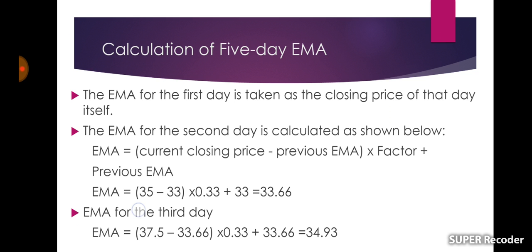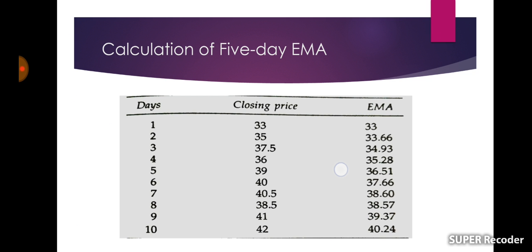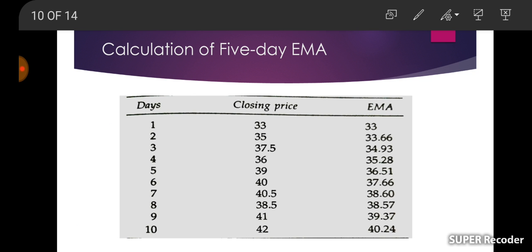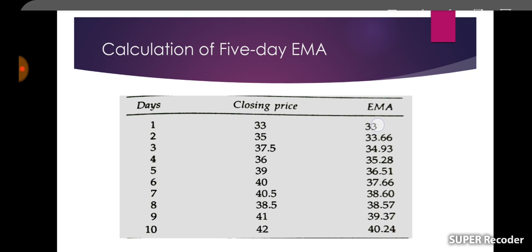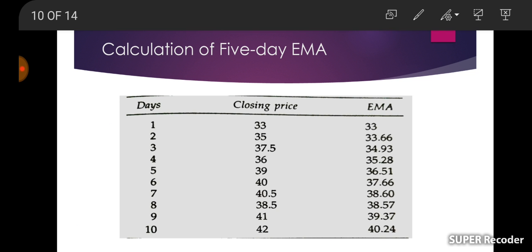Then we can apply the equation for calculating EMA. The EMA for the first day is taken as the closing price of that day itself. Here the first day's closing price is 33 and the first day's EMA is also taken as 33. Now we can calculate the second day's EMA.